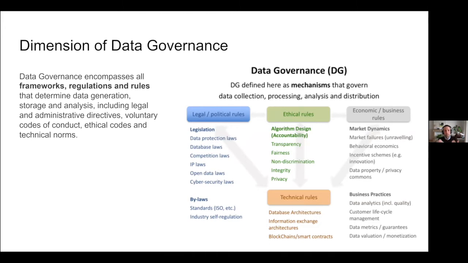And data governance in itself is a term that a lot of people interpret differently, but in the context that I've been using it myself so far, it's basically meaning all kinds of frameworks, regulations, and rules from a top-down perspective in large companies that determine what the data generation, storage and analysis, including the legal and administrative directives of the data infrastructure should entail.